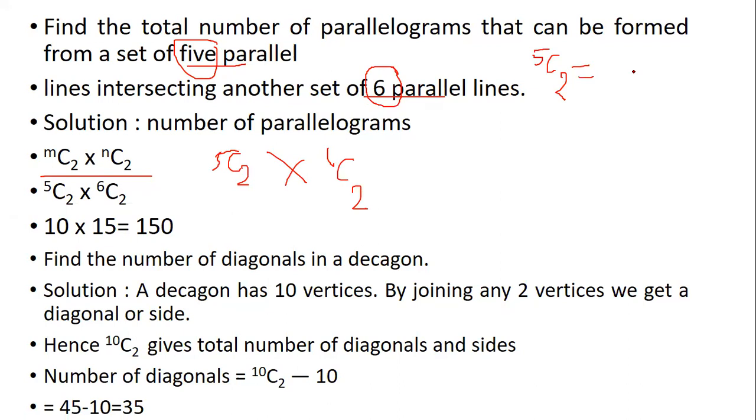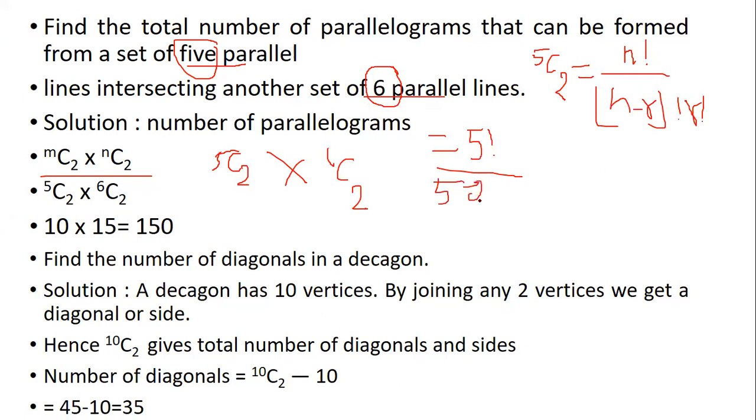So what is the formula? n factorial divided by (n minus r) factorial into r factorial, which is nothing but 5 factorial divided by (5 minus 2) factorial into 2 factorial. So 5 factorial divided by 3 factorial into 2 factorial.